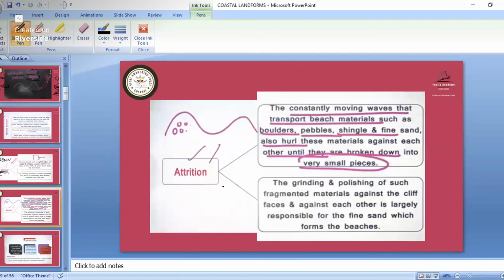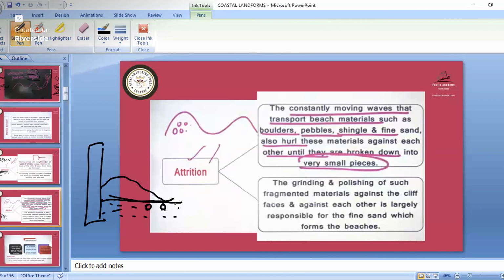Then we have attrition. So what does attrition mean? When water is flowing towards the continental side, if some particle, say when we throw something from the coast inside, that same particle might come near the beaches. It might not come to the same beach, but it will go to some other beaches.